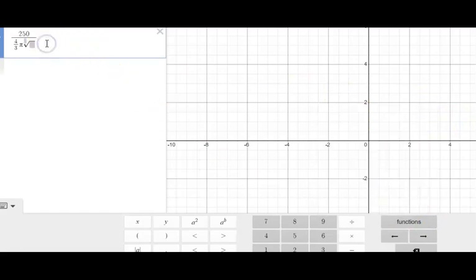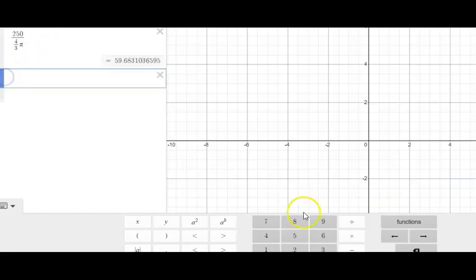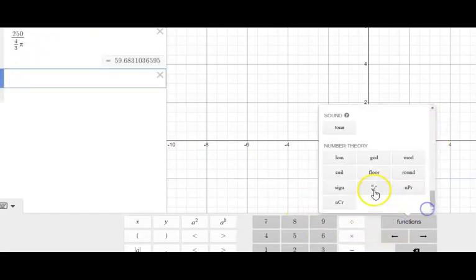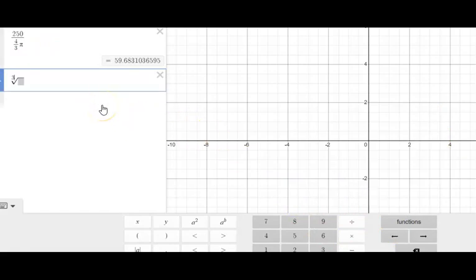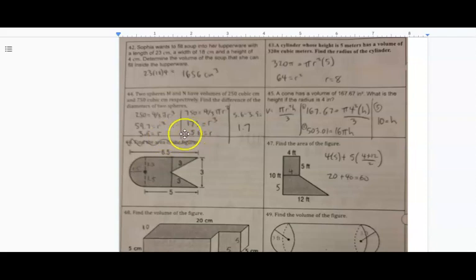I'll put it here. Then you put a little 3, now I have cube roots, and you cube root that number. I'll round it, and we get about 3.9. But it should actually be 7.8, because it wants diameters. I just noticed that.